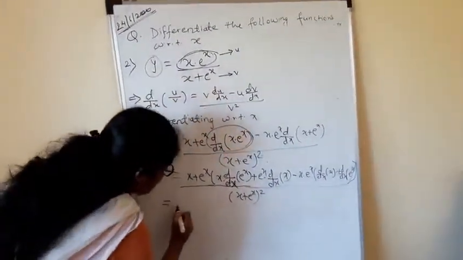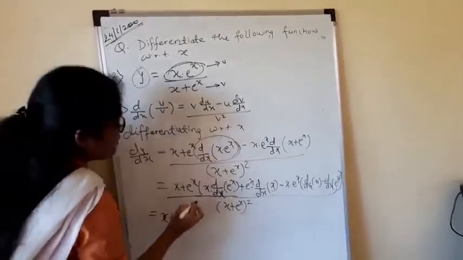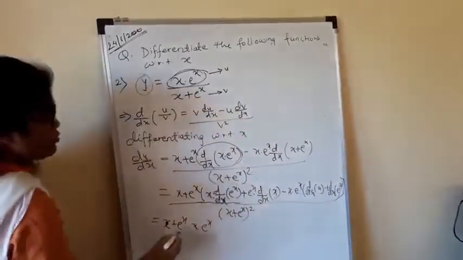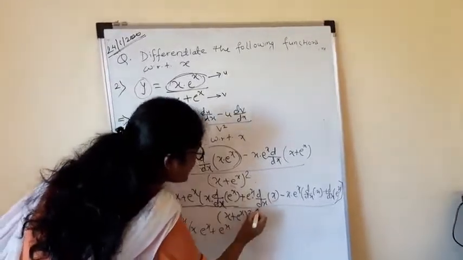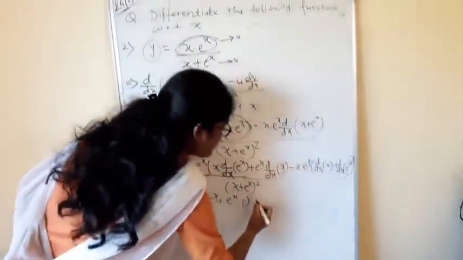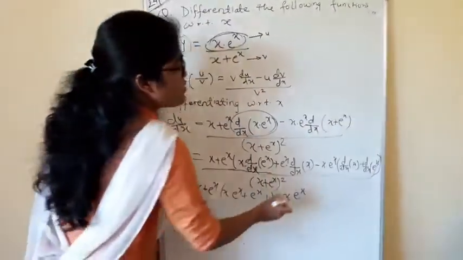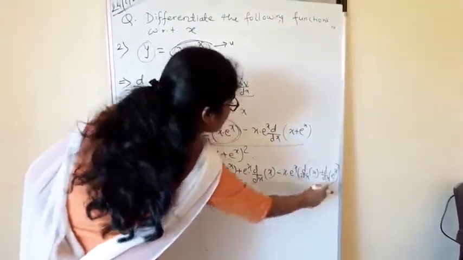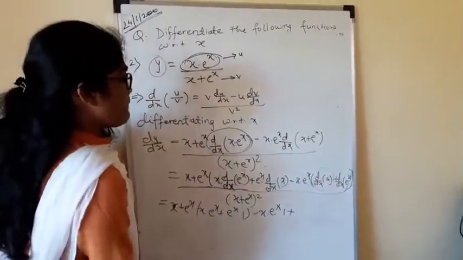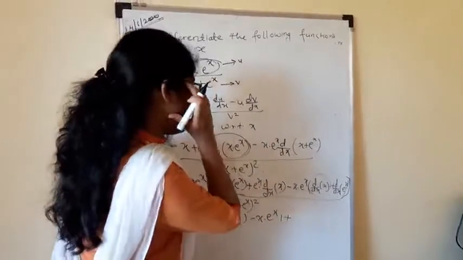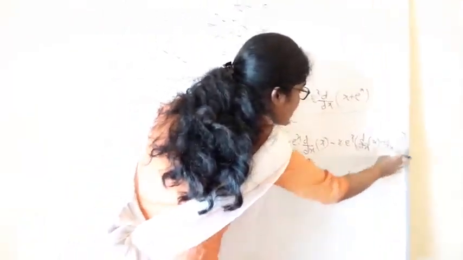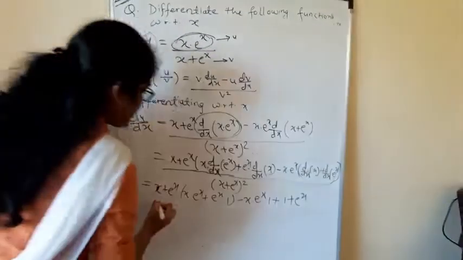Now x plus e raised to x as it is, this x as it is, derivative of e raised to x is e raised to x, plus e raised to x into derivative of x, which is 1, minus x into e raised to x as it is, derivative of x is 1 plus derivative of e raised to x, which is e raised to x only.